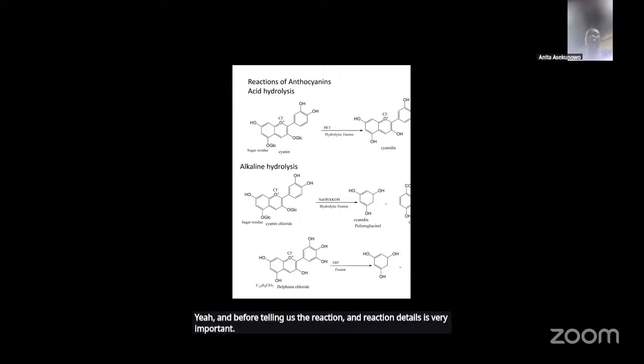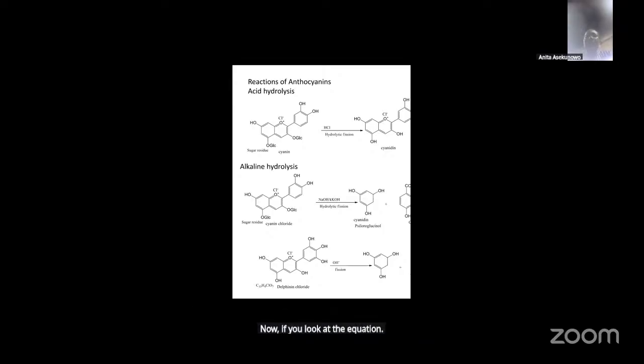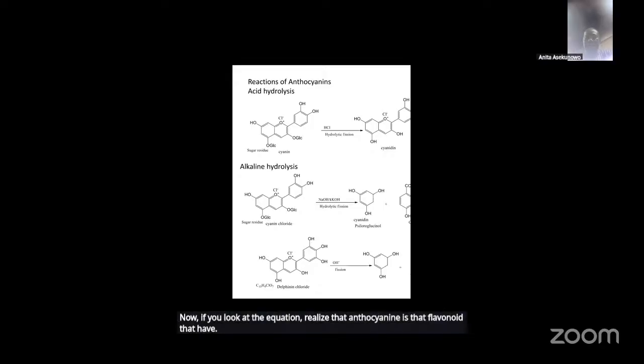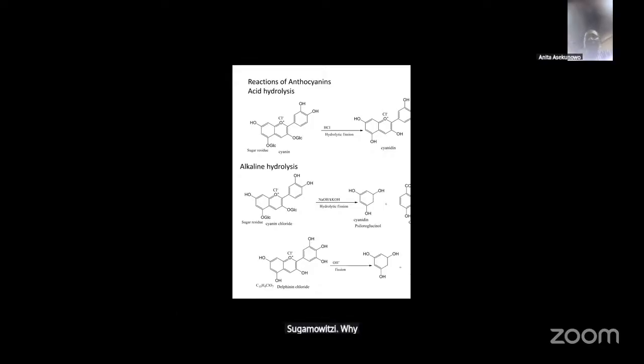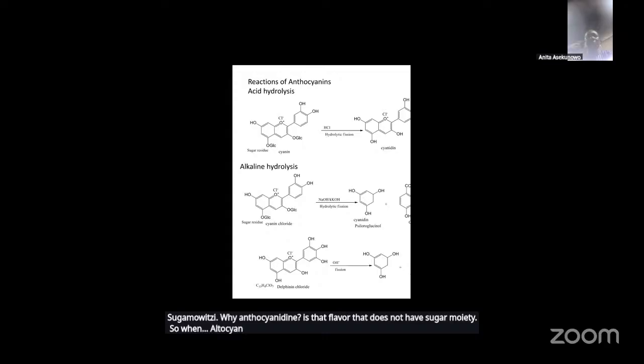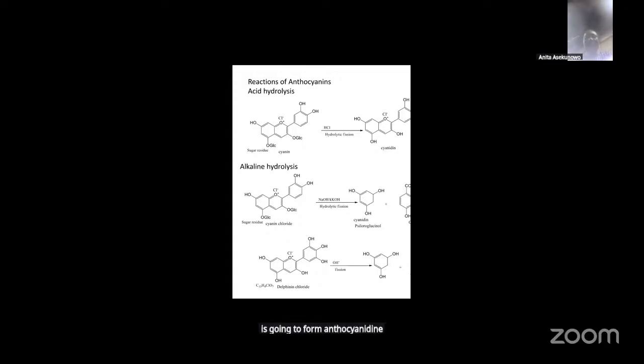If you look at the equation, you realize that an anthocyanin is a flavonoid that has a sugar moiety, while an anthocyanidin is a flavonoid that does not have a sugar moiety. So when an anthocyanin hydrolyzes, it forms an anthocyanidin.